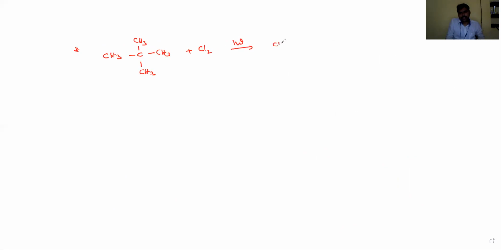Only one product is possible, because all the CH3 carbons are of the same type, A, A and A, and the central one is the quaternary carbon. At this quaternary carbon there is no hydrogen atom, so it doesn't undergo any free radical substitution. The product is only one product.